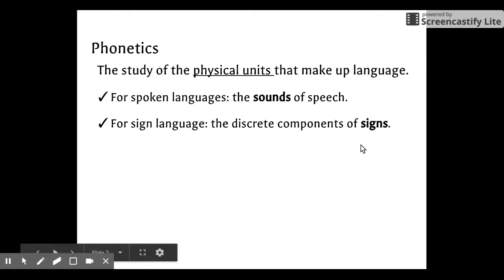Each hand gesture can be decomposed into several components, same as for sounds. So spoken language has phonetics, and sign languages have phonetics as well.